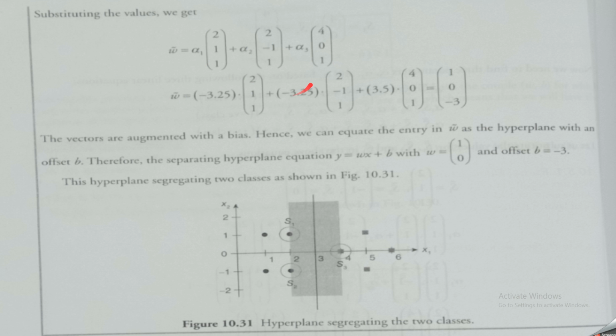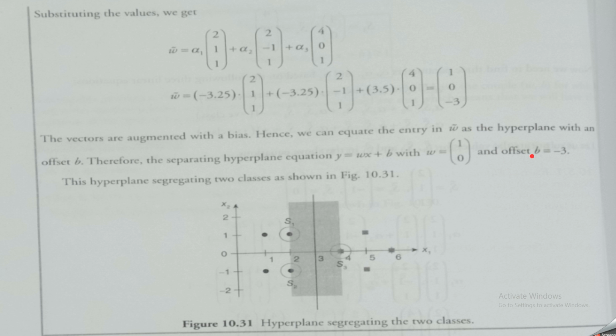On substituting, we get the vector W dash to be (1, 0, -3). As we all know, the last element was the bias. So in the separating hyperplane equation y equals wx plus b, w is only (1, 0), and b, which is the offset or the bias, is -3.